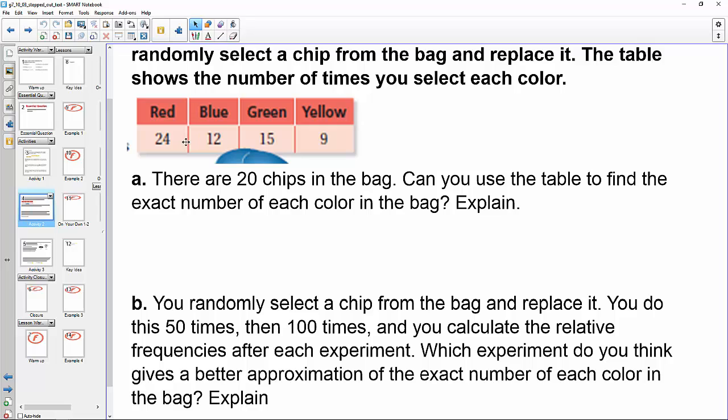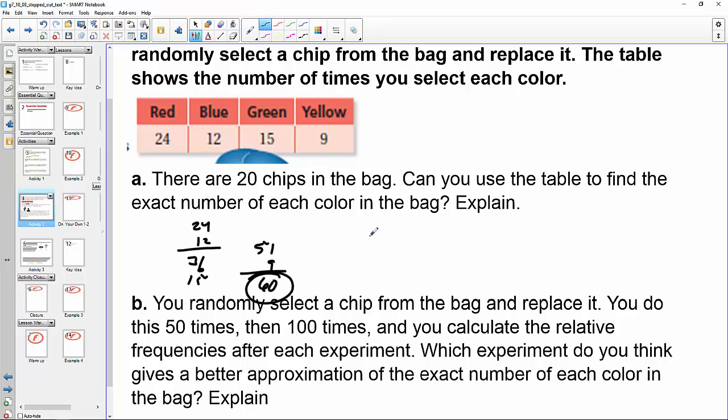I would guess that there's definitely more reds than there are yellows. So what we could do is add these up. I could do 24, 12. So 36 plus 15 equals 51 plus 9 equals 60. So I have 60 different trials that I've done.